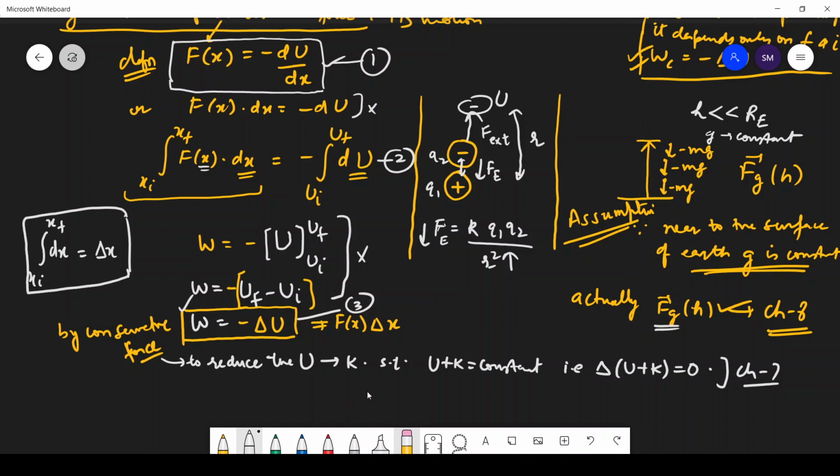Fine. So that's the concept of conservation of mechanical energy. This concept we call conservation of mechanical energy. I hope you have understood it clearly.